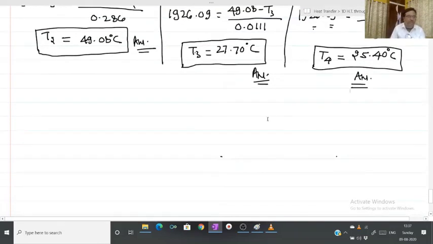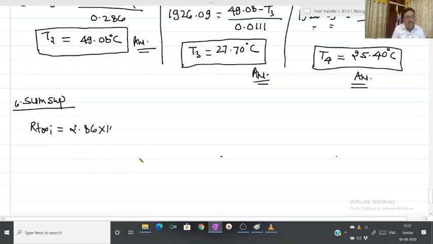Now let us sum up all the answers. We have a long list of all the variables we could calculate. So the very first value is RT infinity I, 2.86 into 10 to power minus 5 Kelvin per watt.